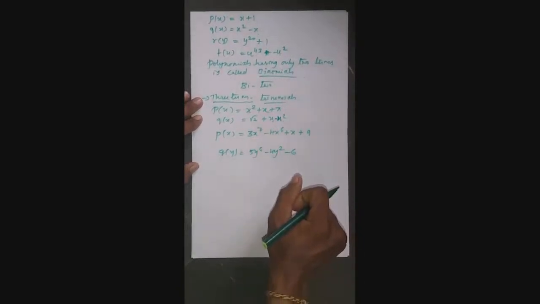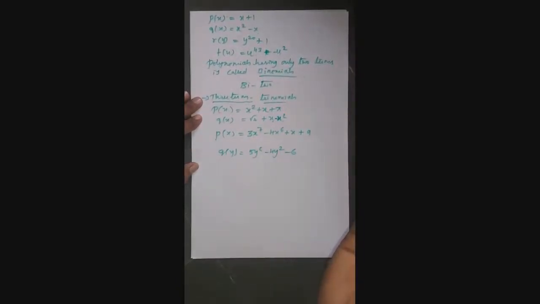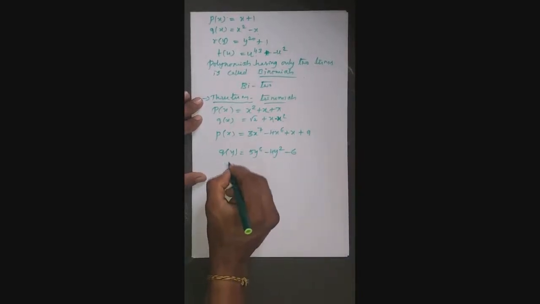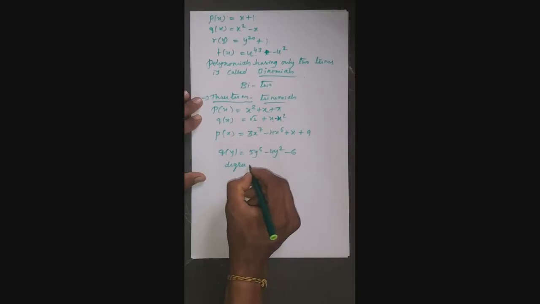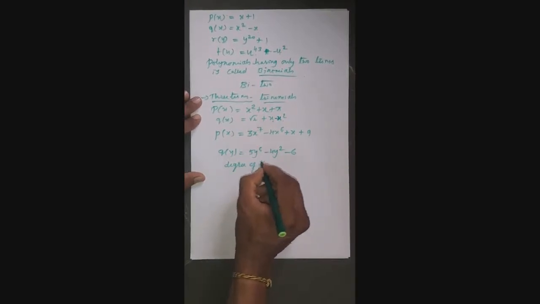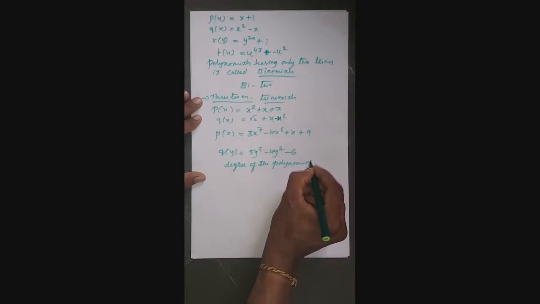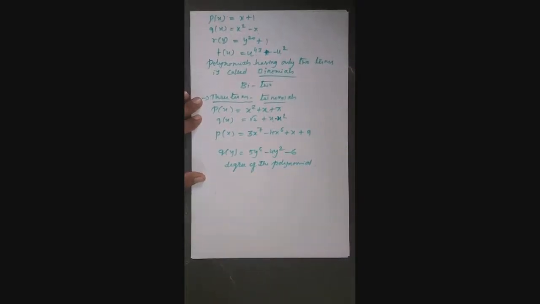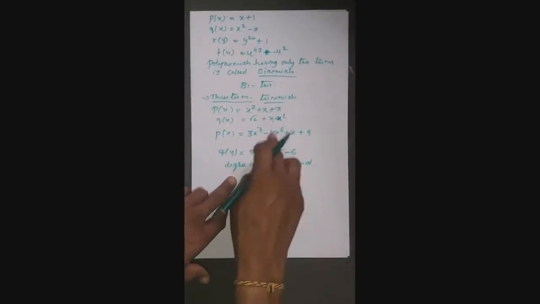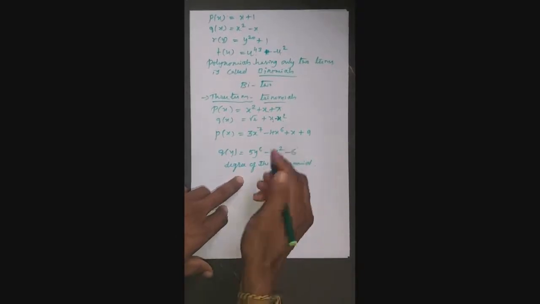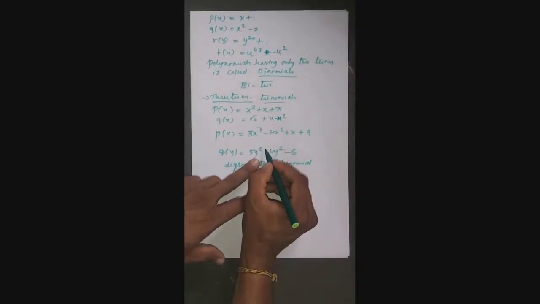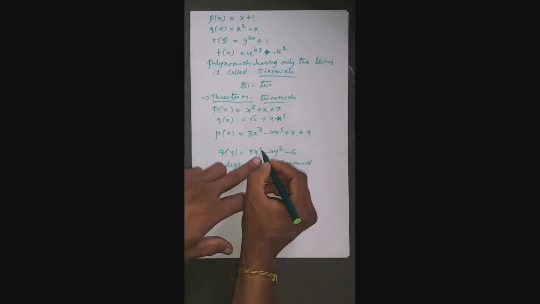See, we call the highest power of the variable in a polynomial the degree of the polynomial. What can you call this? Degree of the polynomial, right? Okay, see, one more I will tell. The exponent of y in this term is 6.